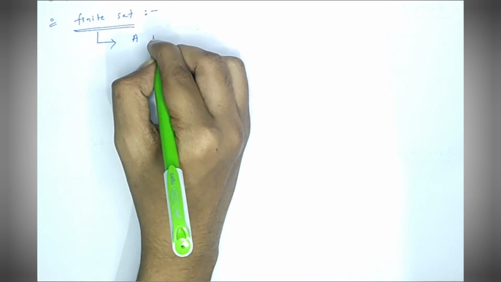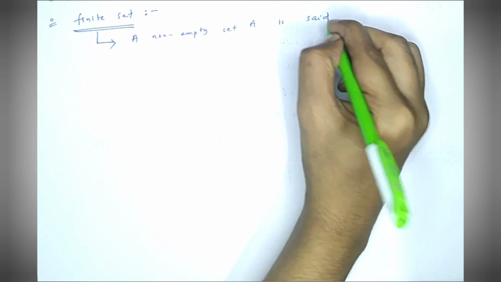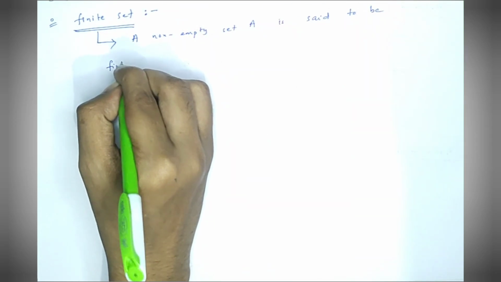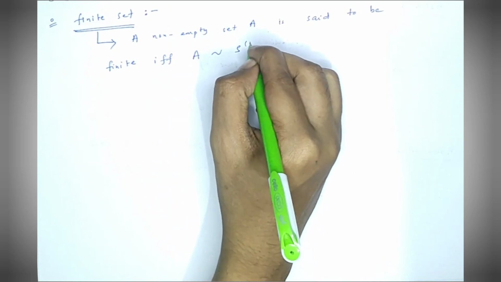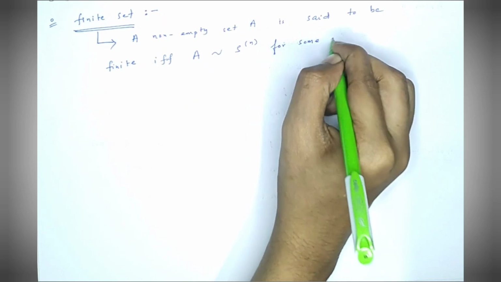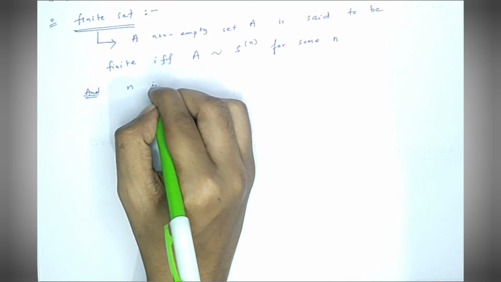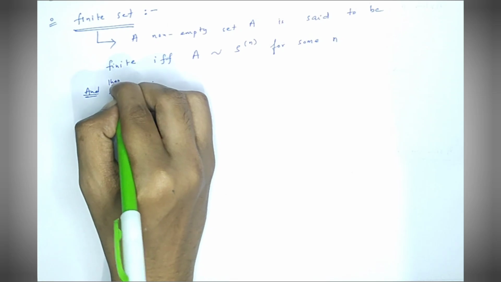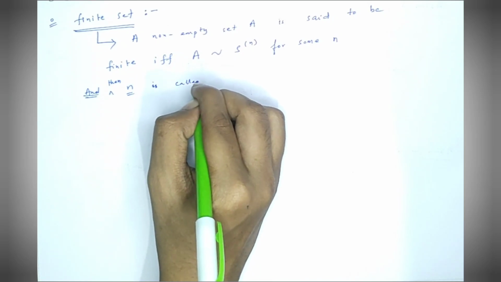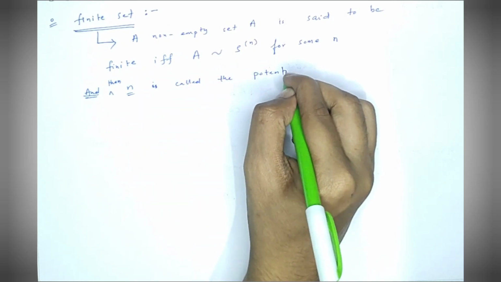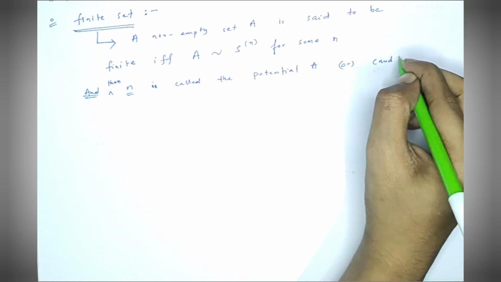A non-empty set A is said to be finite if and only if the set A is similar to the initial segment of natural numbers Sn for some n, and n is called the potential or the size of the set A, or the cardinality of the set A.